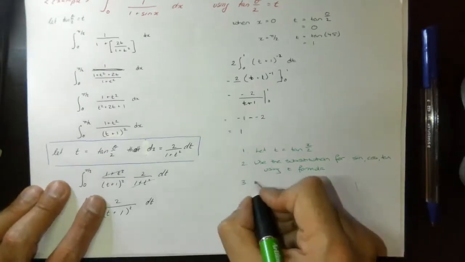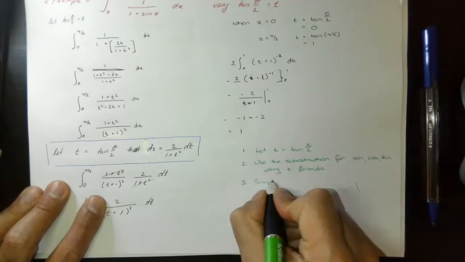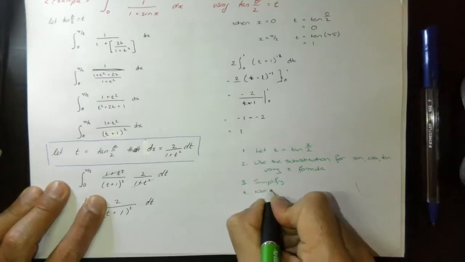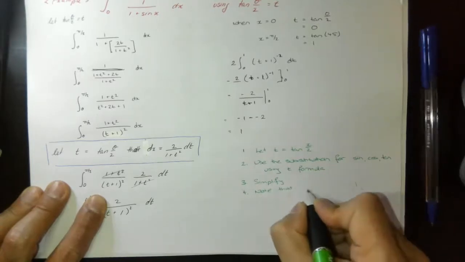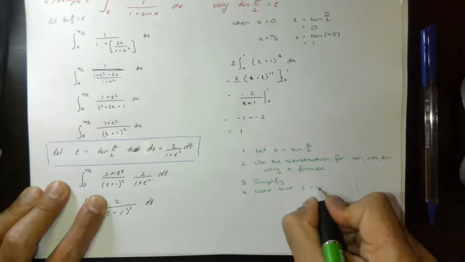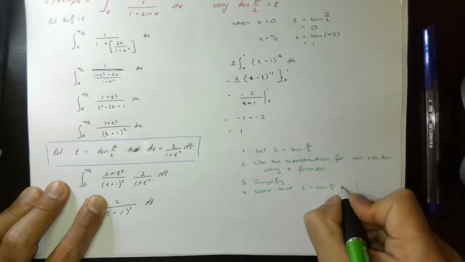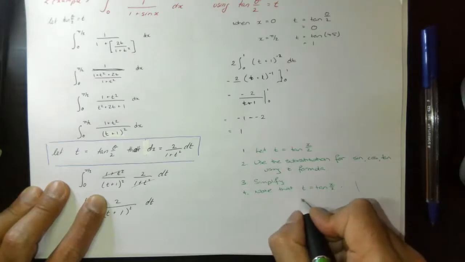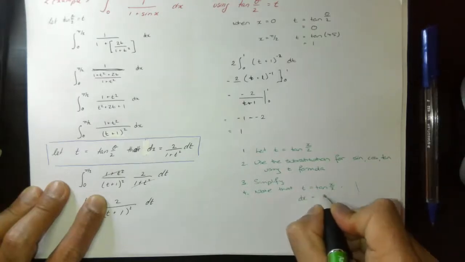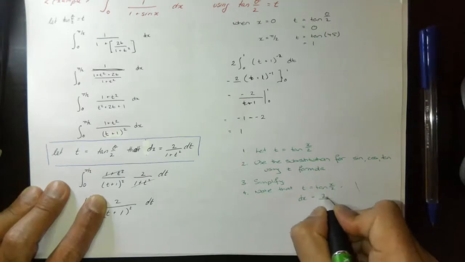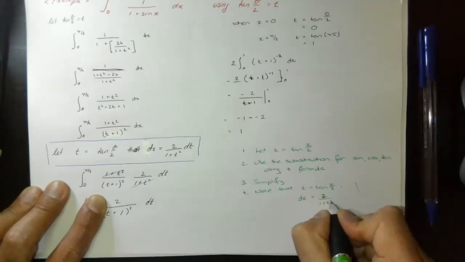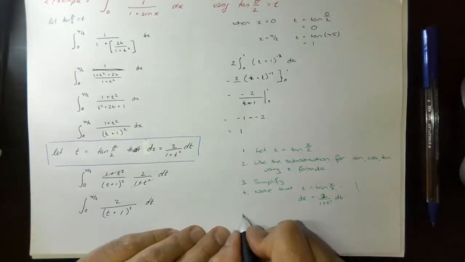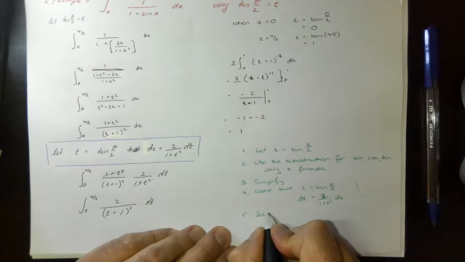Simplify. Note that t equals tan x on 2, so dx is equal to 2 over 1 plus t squared dt. Okay, and then solve. And that's it.